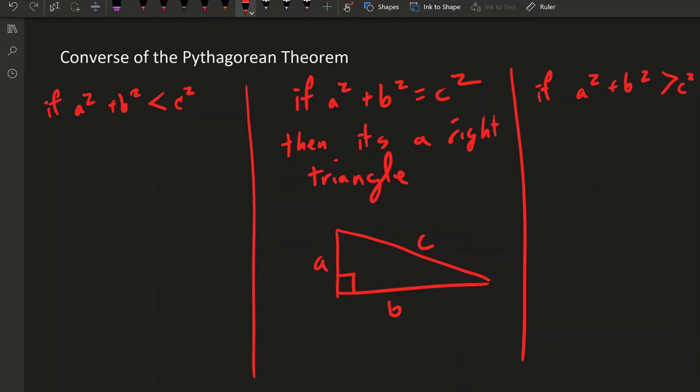So if you can picture this right triangle right here, if the hypotenuse gets bigger, you can see that it's going to stretch out that angle and it'll look more like this. So if the hypotenuse gets bigger, then that means it's an obtuse triangle.